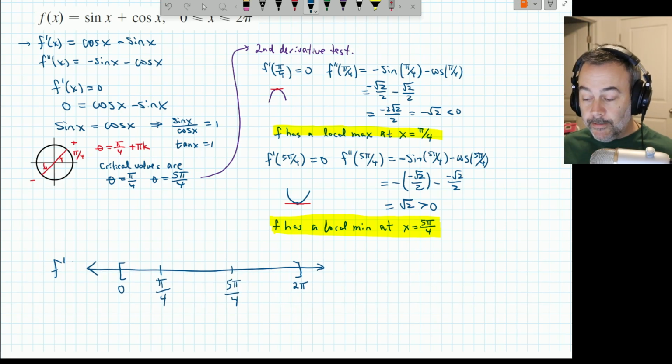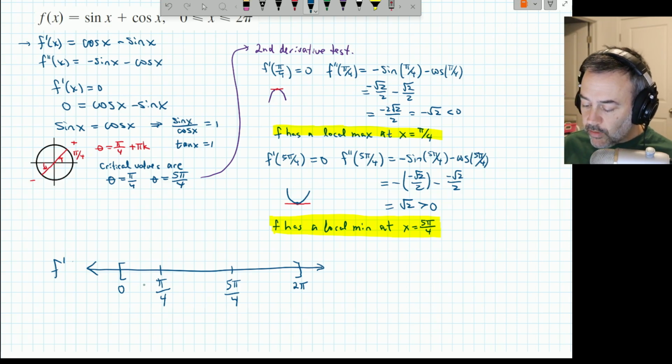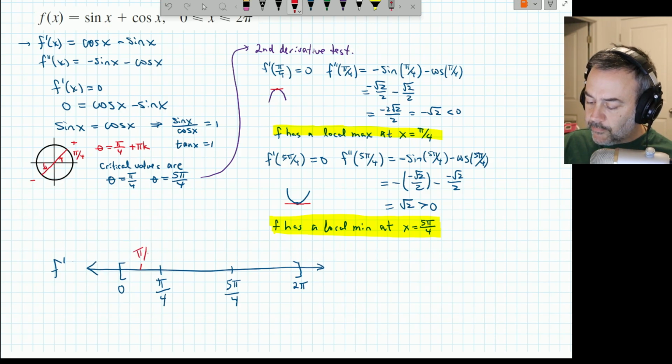That seems okay. So I could plug in pi over 6. I could actually even plug in 0, but we'll just avoid the endpoint. Actually, you can plug in 0.